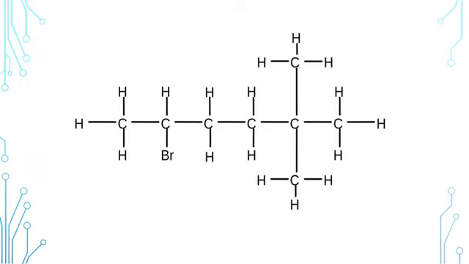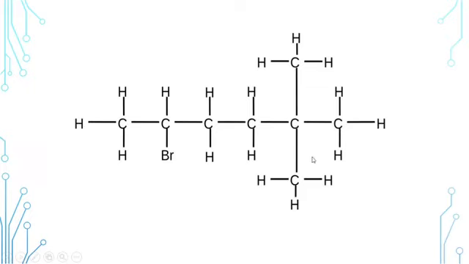What does that mean? It means that when it comes to numbering, we have to number from the side where we see the alkyl groups. That only happens when we have the alkyl group and the halogen in the same carbon position when we number from either side. So this is 1, 2, this is 1, 2.